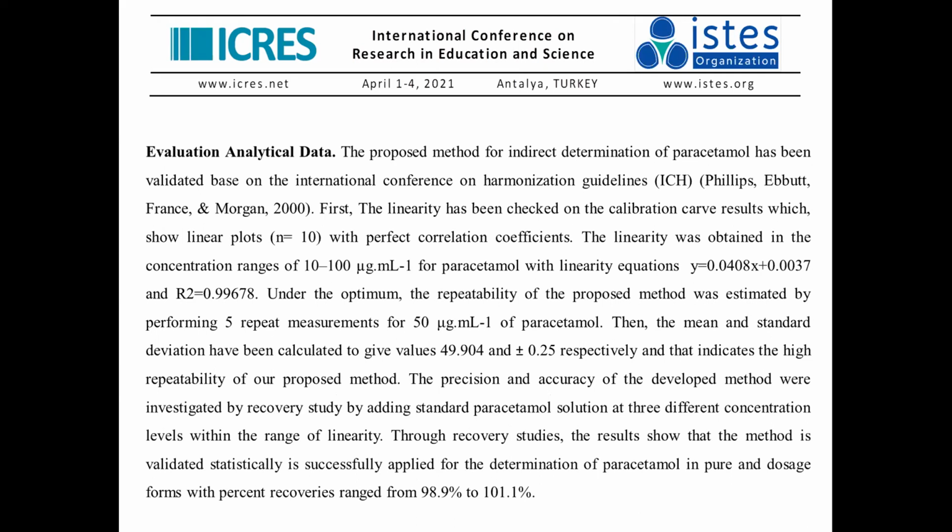Therefore, we calculate a lot of parameters that give us information about the accuracy and the precision of our experiment. We calculate, for example, the error and the relative error, and also the standard deviation and relative standard deviation, and all of these results that we got, as you can see here, show us, for example, the recovery and the relative standard deviation.